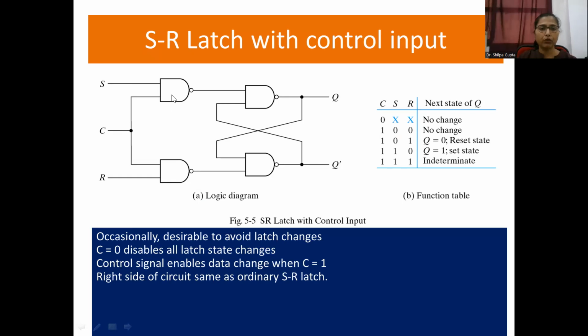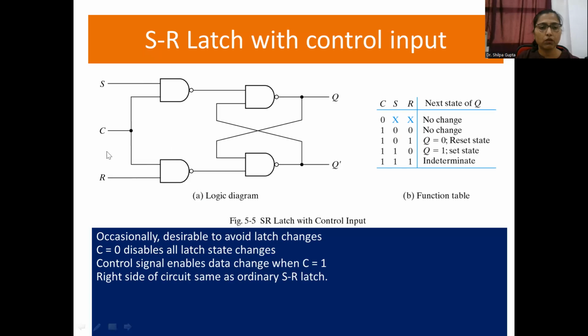Because this is a NAND gate design, we have put 2 NAND gates beforehand, and one input to each NAND gate is S or R accordingly, and the second input to these 2 NAND gates is commonly the clock signal. So when this clock is 1, only then will this particular flip-flop work, otherwise it will not work.